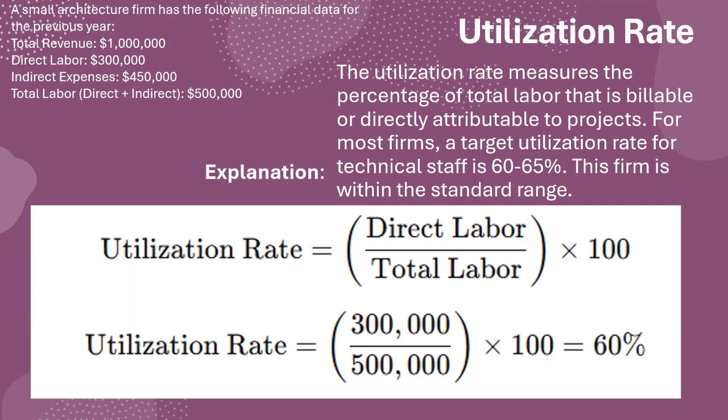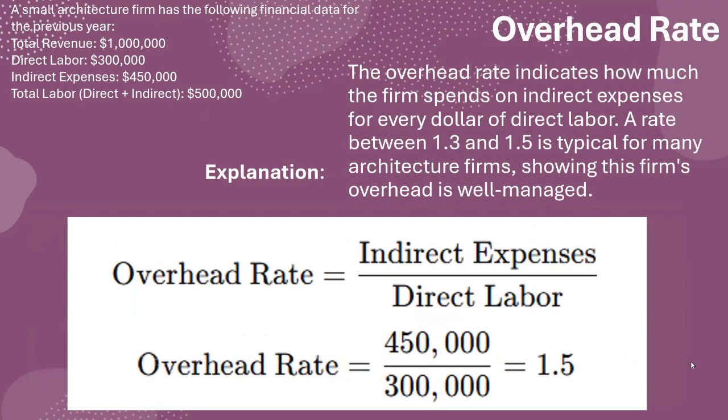For most firms, a target utilization rate for technical staff is 60 to 65%. So based on that, we can say that this firm is within the standard range. So they're doing good. Let's talk a little bit about the overhead rate.